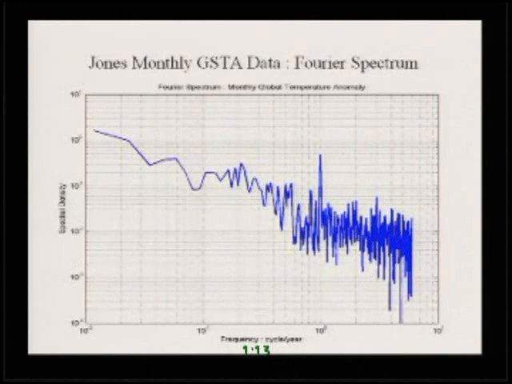I find that if I take the full data and run a spectrum, the spectrum has a peak, and this peak is clearly 1 year.